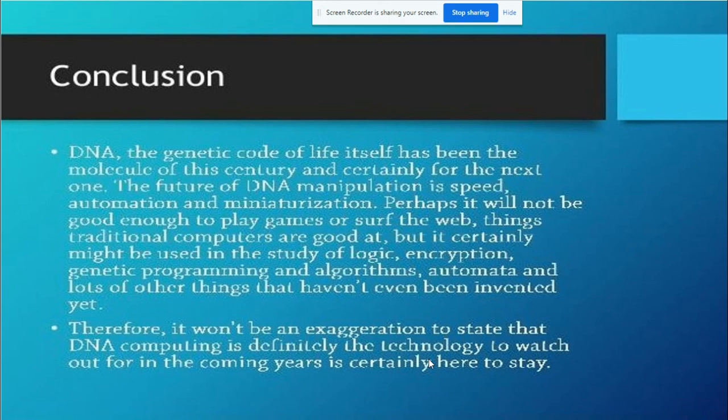These things about to come in the next days would be used with DNA computing to do this kind of study: logic gates, encryption, and lots of other things.